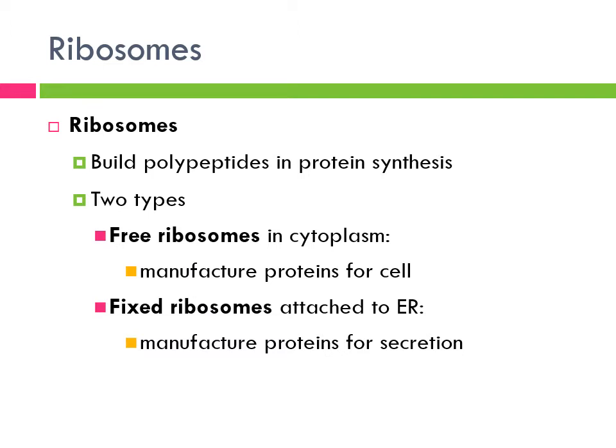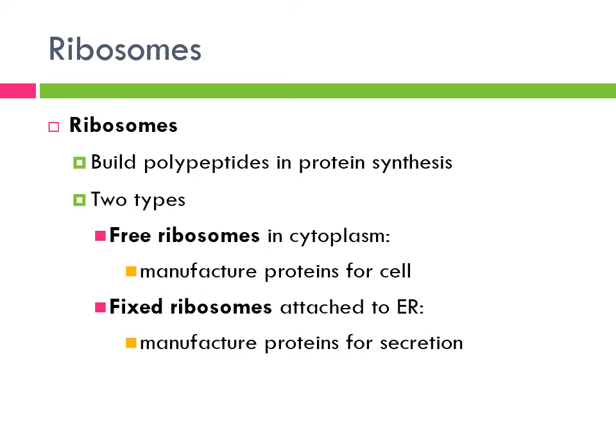Fixed ribosomes are attached to the endoplasmic reticulum, and they manufacture proteins that are going to be secreted out of the cell, so packaged and expelled from the cell to go and be utilized elsewhere. So free ribosomes manufacture proteins for the cell. Fixed ribosomes manufacture proteins that are going to be secreted out of the cell.